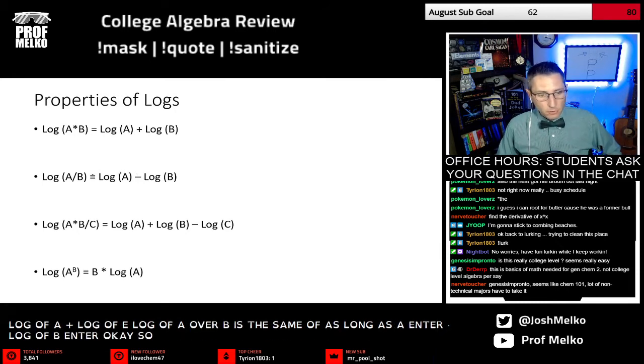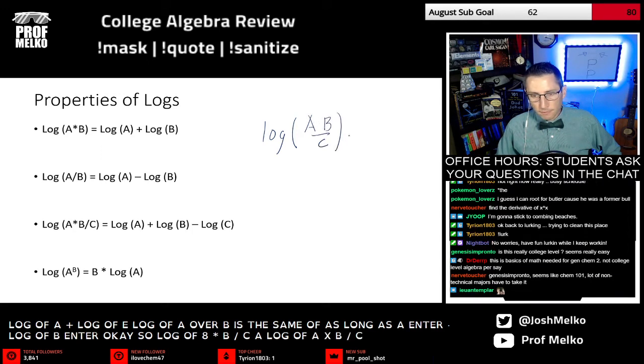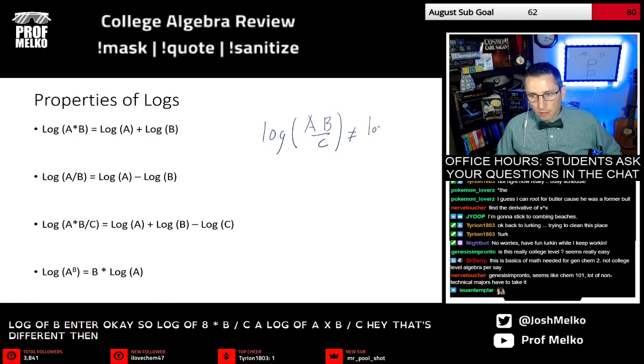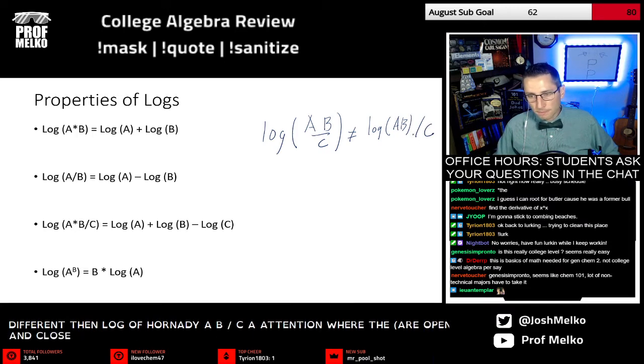Okay, so log of a times b over c, okay? That's different than log of quantity ab divided by c. So pay attention where the parentheses are open and close for how you might organize or rewrite this formula.